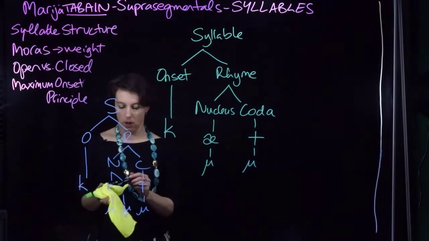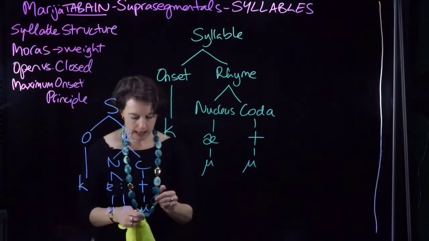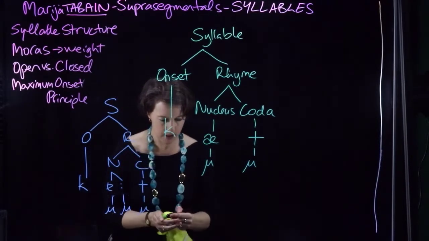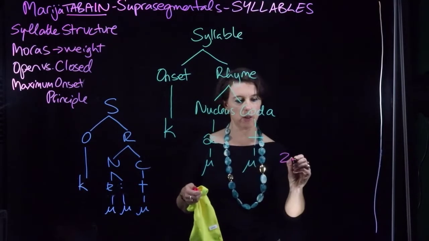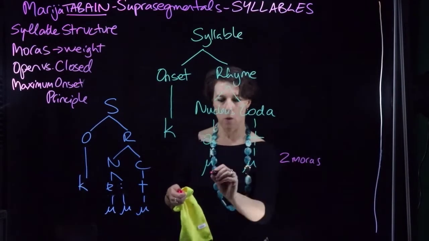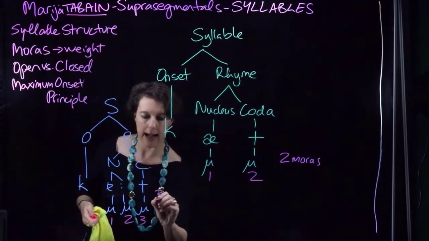So I'll just write that down for you. We've got 2 moras at the moment, 1, 2, and here we've got 3 moras, 1, 2, 3 in cart.